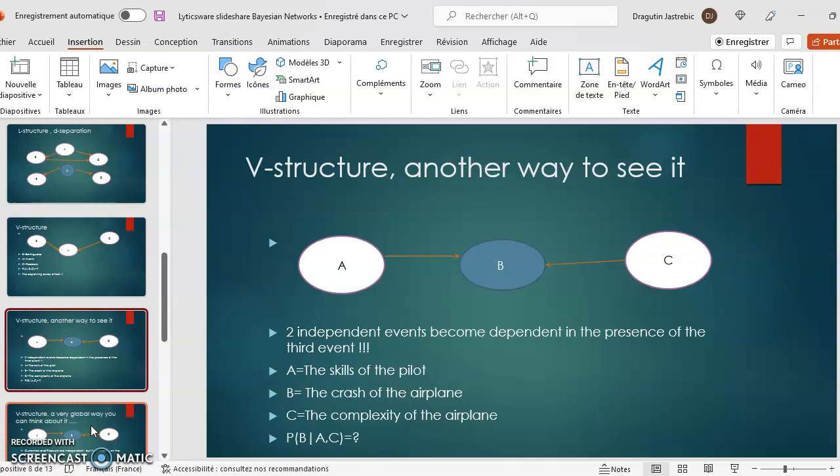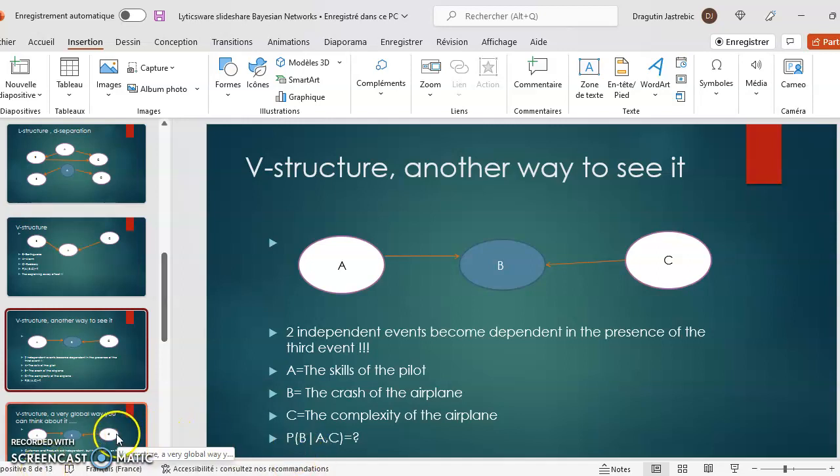So let's say that B are the skills of the pilot, and C is the complexity of the airplane. And in the case of the crash of the airplane, the two become somehow connected, because the two contributed to this event. And we can see here how to calculate the probability.